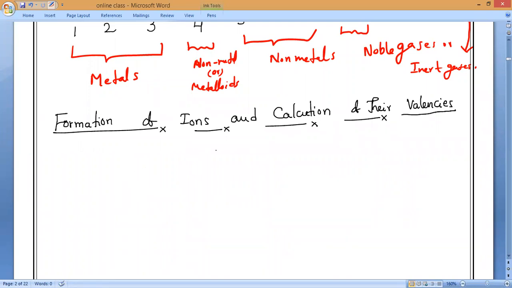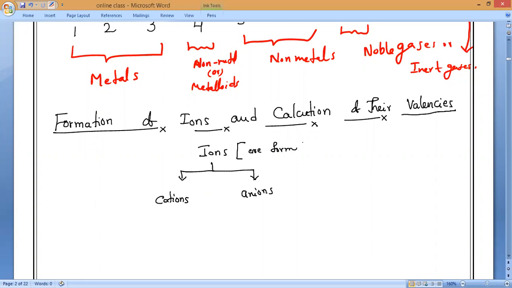Okay, so we all know that ions are of two types. What are the two types of ions, everybody? One is cations and another is called anions. Now, will ions form by sharing or by loss or gain of electrons?